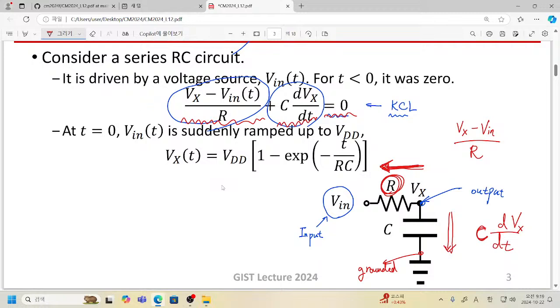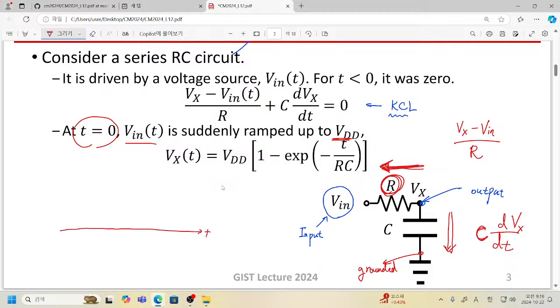Then of course we have assumed in this case that at time equal 0 we suddenly increase our input voltage to VDD. So if we draw time, and let's say this is t equal 0, previously the input voltage was 0. Since the input voltage was 0, the output voltage was also 0, so every voltage was just 0.